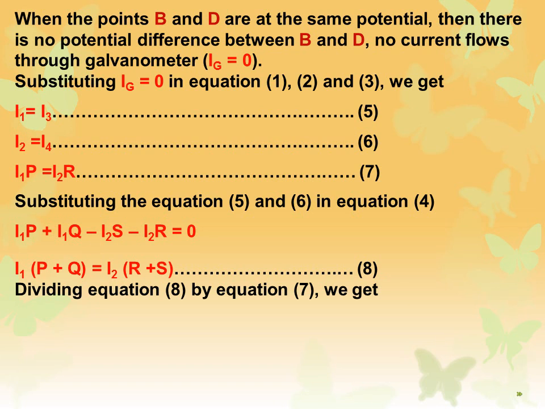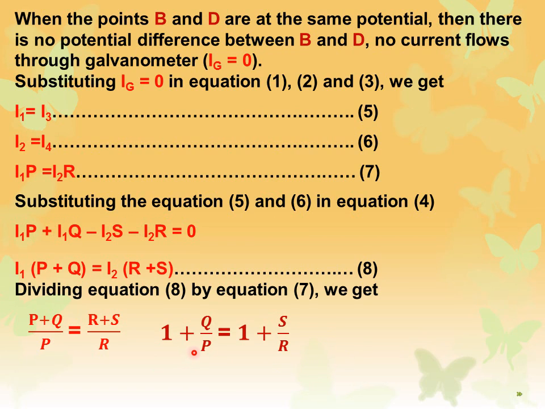Now dividing equation 8 by equation 7, we get (P plus Q) by P is equal to (R plus S) by R. That is, dividing by I1 and I1 here, and dividing by I2 and I2 here.